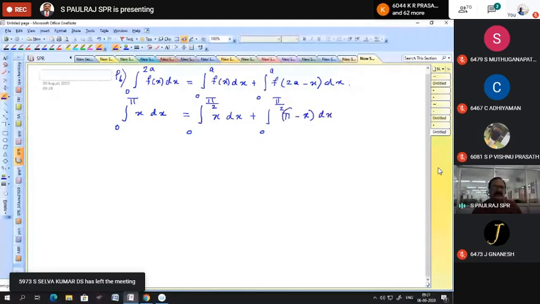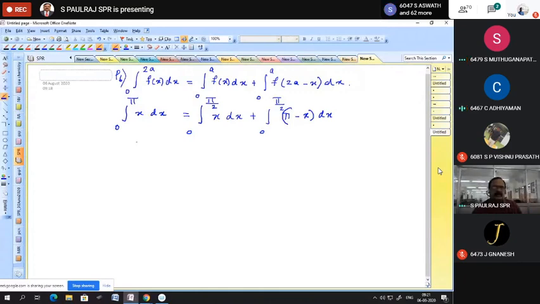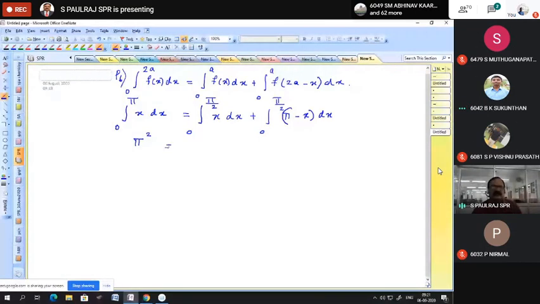So now what is this answer? x square by 2. Correct? Answer is pi square. Correct? What is this answer?